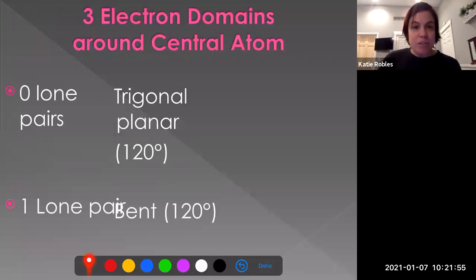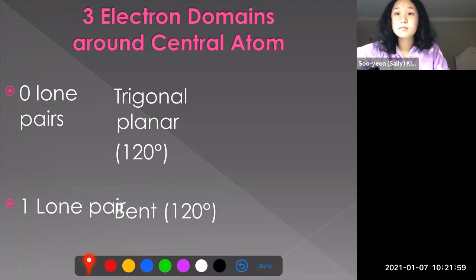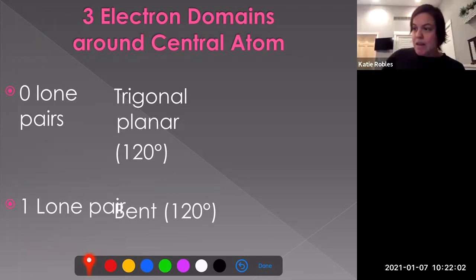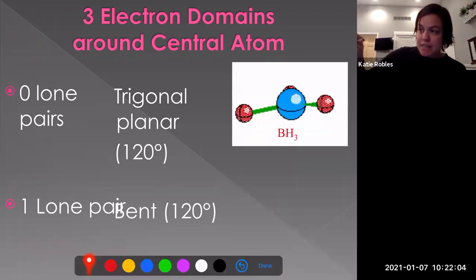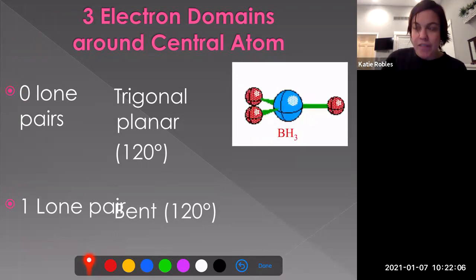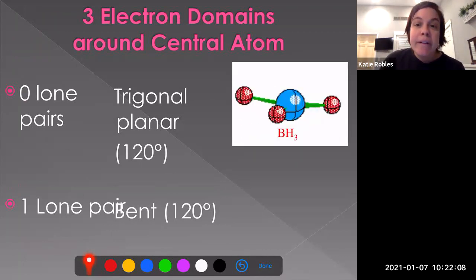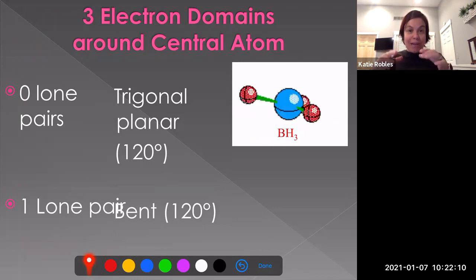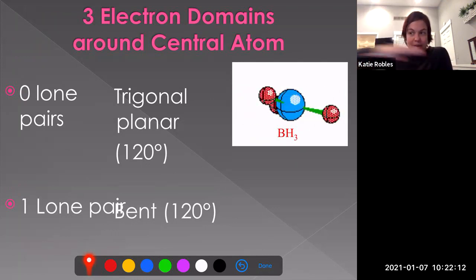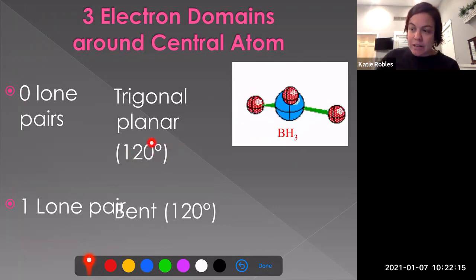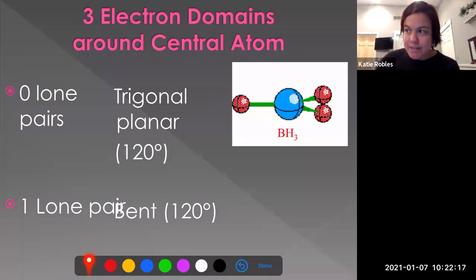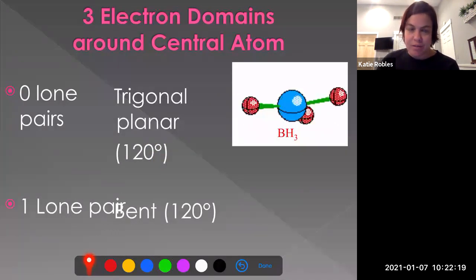So now let's go down to 3 electron domains. If I have all 3 electron domains and it's bonded to all 3 things, we call this trigonal planar. Okay? It's a triangle and it's all on one plane. The bond angle is about 120 degrees now because we only have 3 things around it.